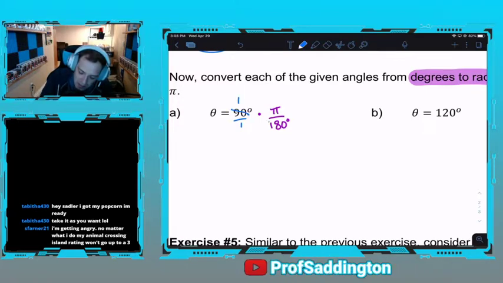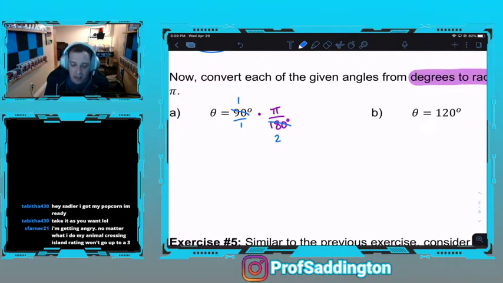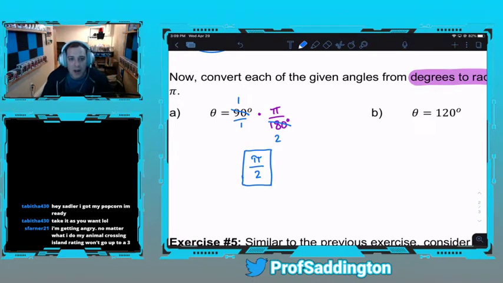I can divide the bottom by 90 and I would be left with 2. So if I wanted to convert 90 degrees into radians, I would be left with pi on top and 2 on the bottom. 90 degrees is equivalent to pi over 2. This is now radian mode.